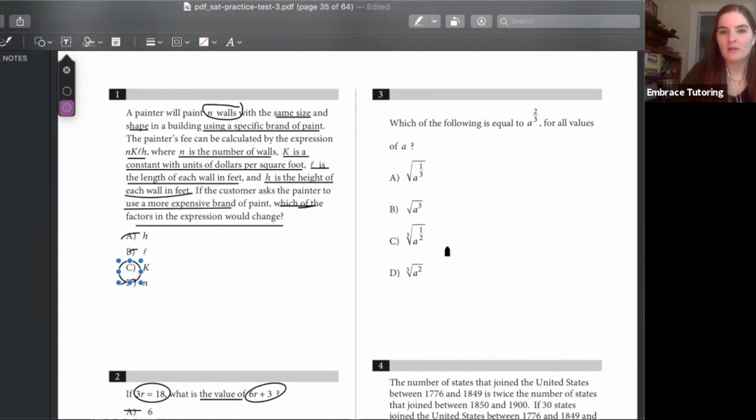All right, so I'm not going to go through everything, but for question 3, knowing how to solve a radical expression: which of the following is equal to A to the 2 divided by 3, third power, for all values of A. That requires you knowing how to deal with powers.